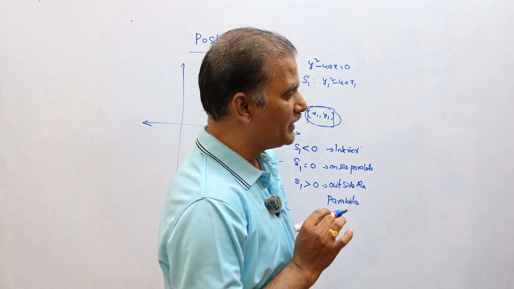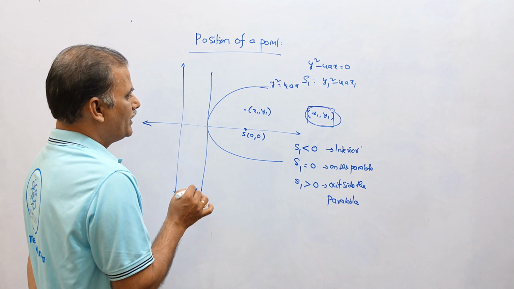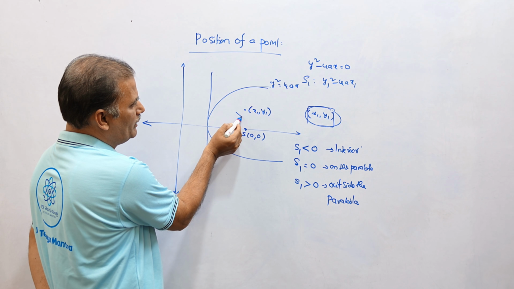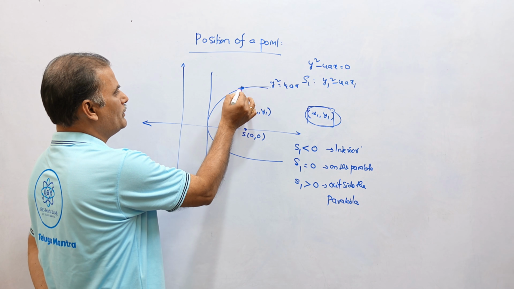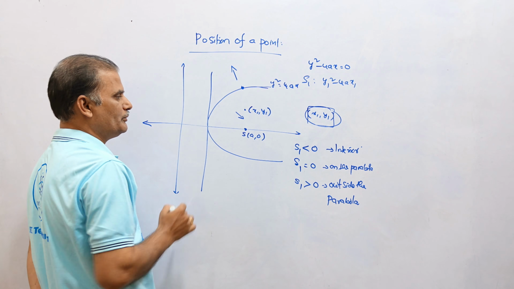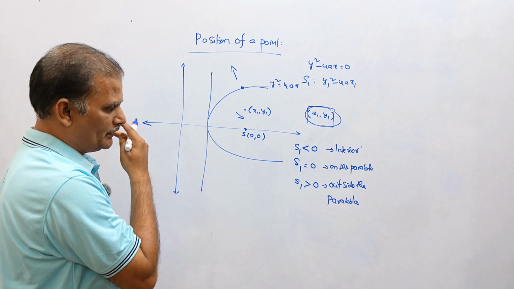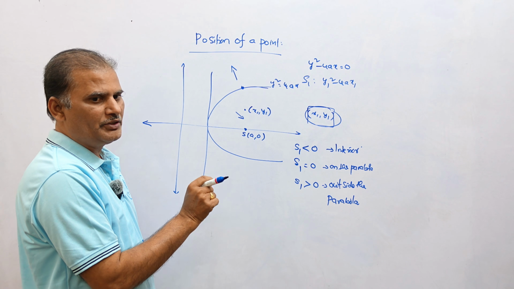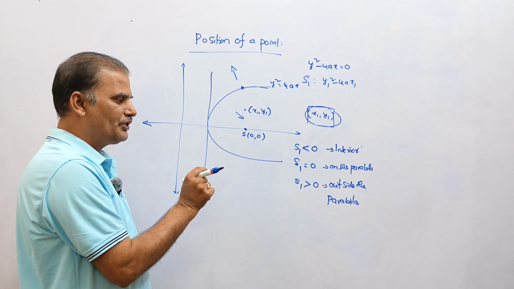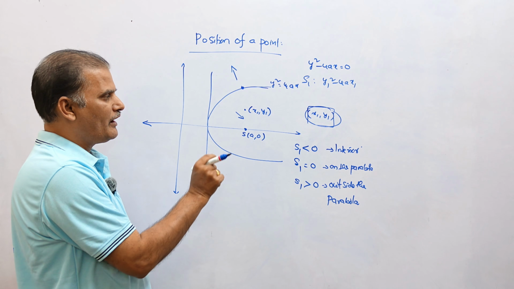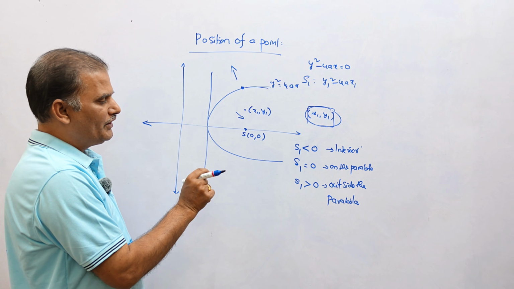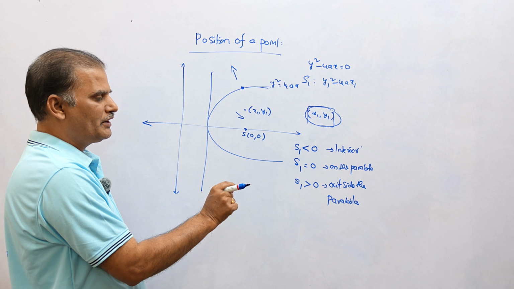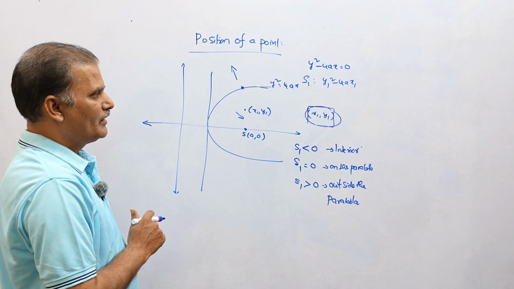By using S1, we can decide whether the given point is interior of the parabola, on the parabola, or outside the parabola. If S1 is less than 0, the point is interior of the parabola. If S1 is equal to 0, the point is on the parabola. If S1 is greater than 0, the point is outside the parabola.